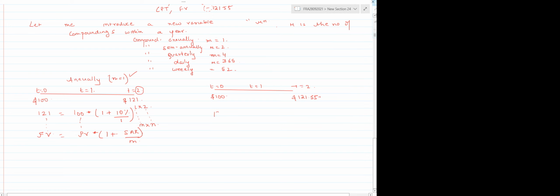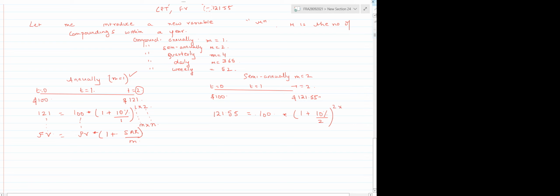So 121.55 is equal to what? Please tell me. Give me the RHS of this equation. 100 is PV, into 1 plus rate of interest, 10 by 2, since this is compounding semi-annually, so M equals 2, into 2.